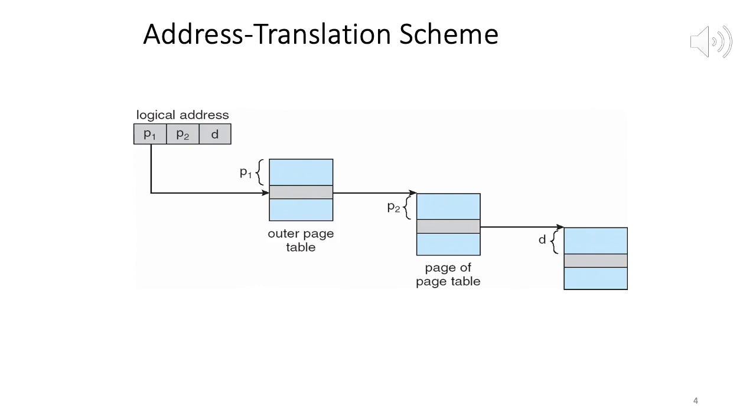Here we take the page table and divide it into parts, and each part is stored somewhere in physical memory, and different parts of the page table may be stored non-contiguously in physical memory.